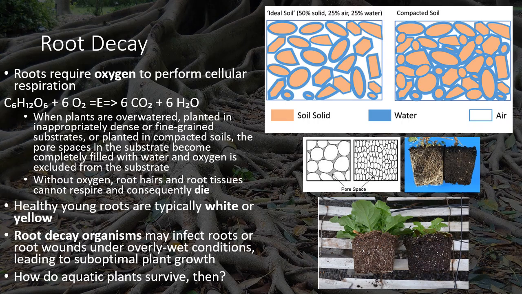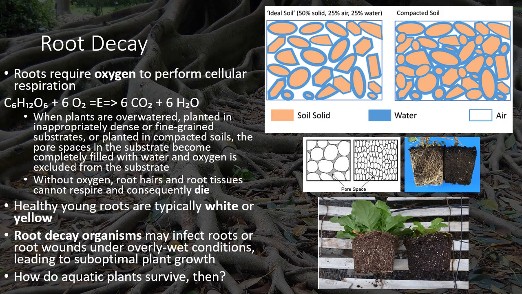So there are at least three different factors which are affecting the likelihood that root decay occurs: overwatering, which is a decision we make, planting in a really fine-grained substrate that's not appropriate for that particular species of plant, or compacted substrates.